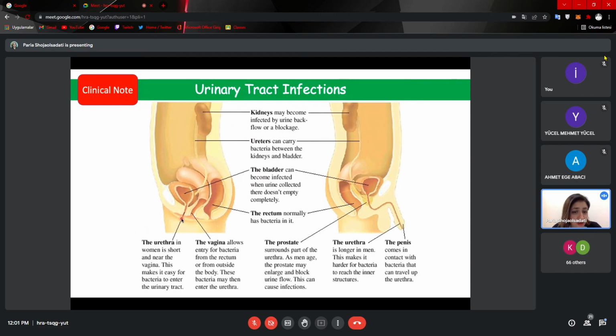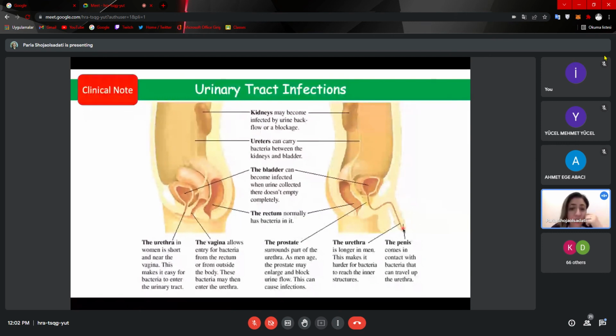Generally, the infectious material comes from outside the body into the system because it's a sterile condition. For this reason, generally, the opening of the system to the outside of the body is the external orifice of the urethra. You see the external orifice of the urethra in both genders.